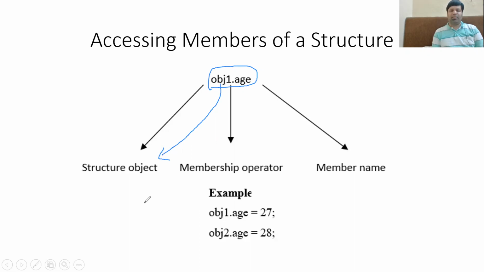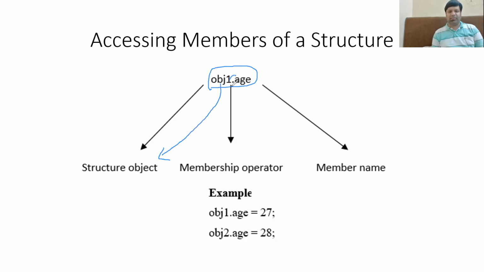So that basically means I want to access the data element which belongs to object 1. It is very important because you can create multiple objects of the same structure. Hence it is very important to write the name of the object for which the data member you want to access. So the first thing to mention is the name of the object.